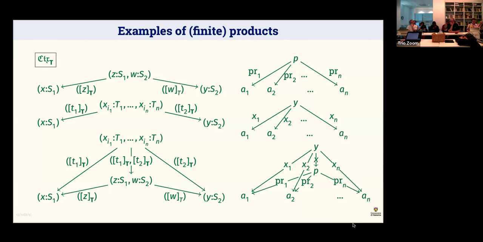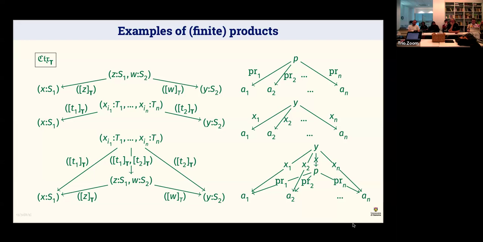This is an equivalence class with respect to provable equality of terms written in these n variables and producing with those n variables, at least not more than those, a term which is of sort S1. And similarly, this is the equivalence class of terms T2 in the variables, producing a term of type S2. That's it.